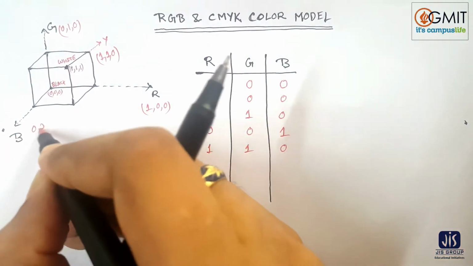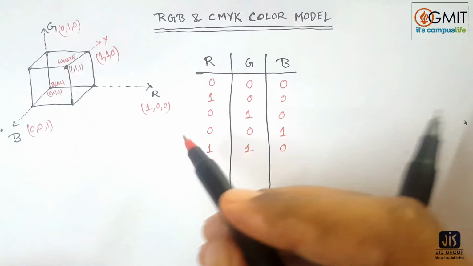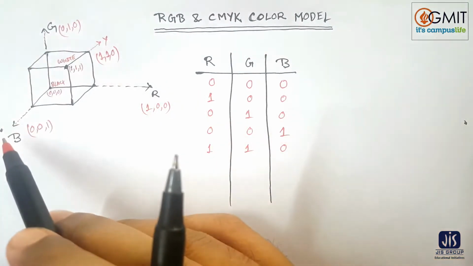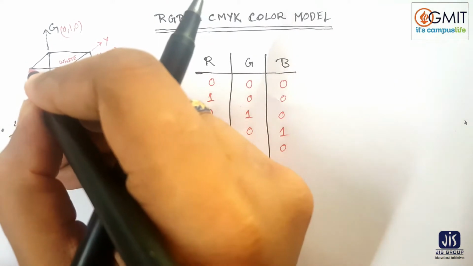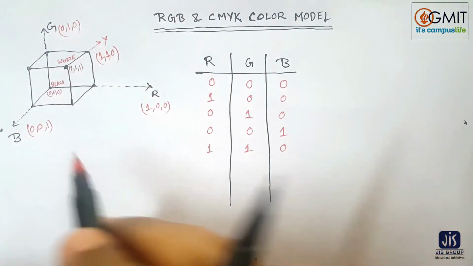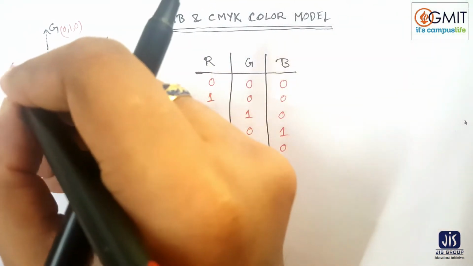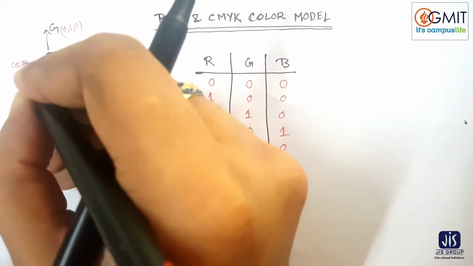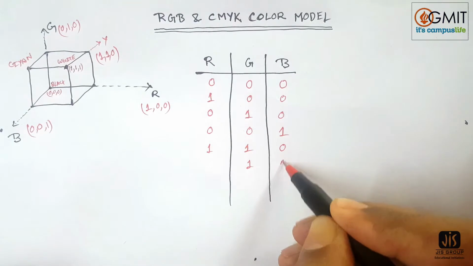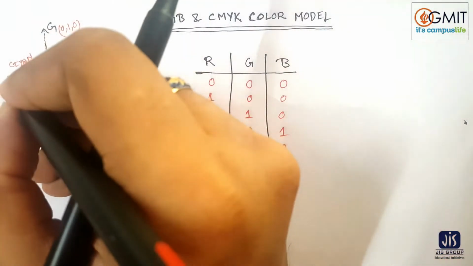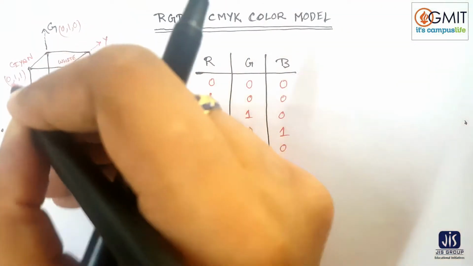Now similarly green and blue, from green and blue we get this point, and this is called cyan. Green and blue must be 1. So the coordinate is 0, 1, 1.